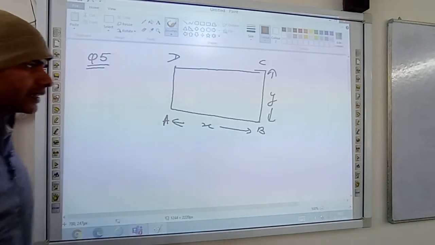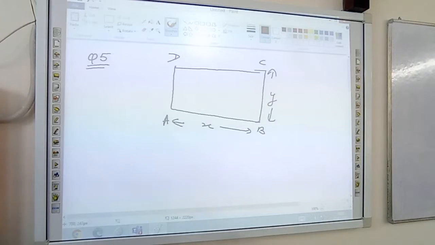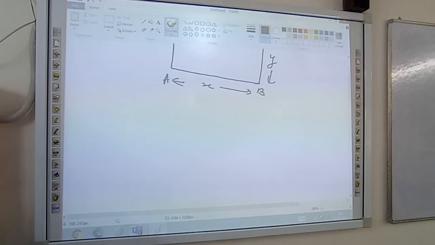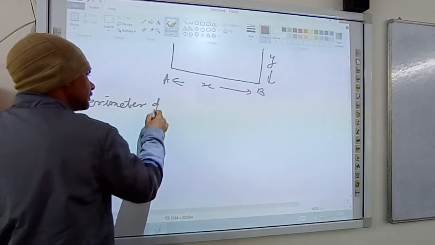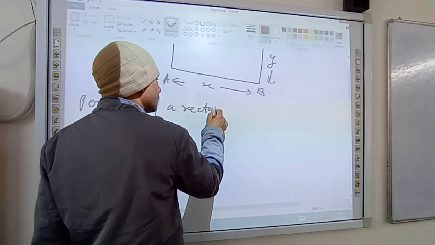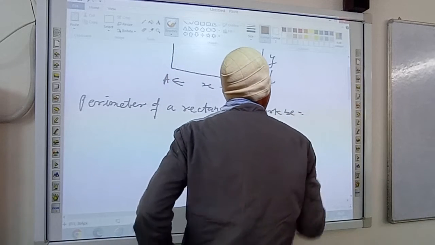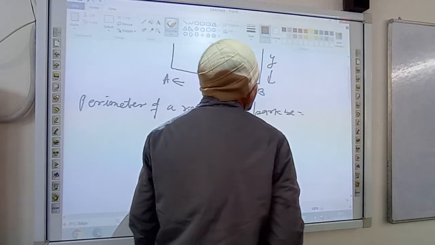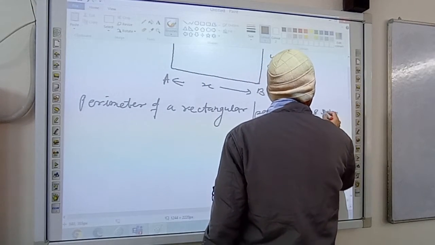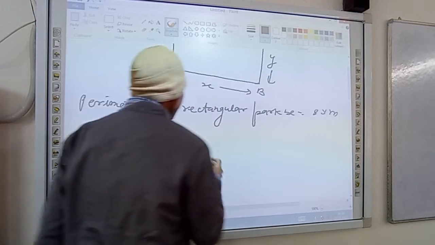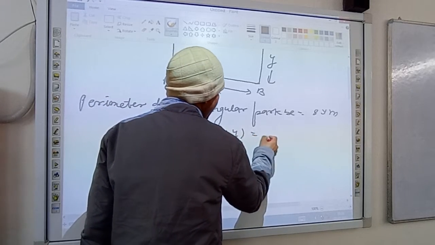Then the perimeter of the rectangular park is 2 times (length plus breadth). 80 meter is given. Length is x, breadth is y, so 2(x plus y) is 80.